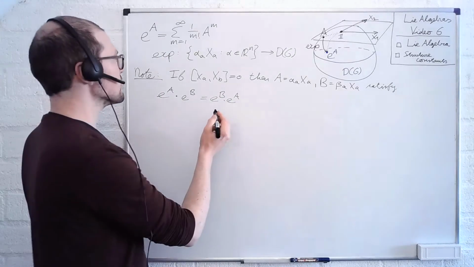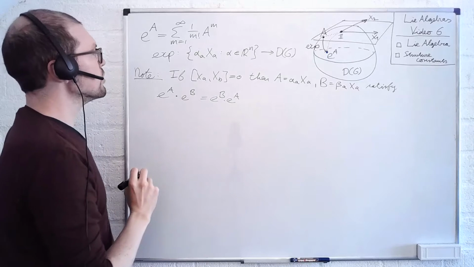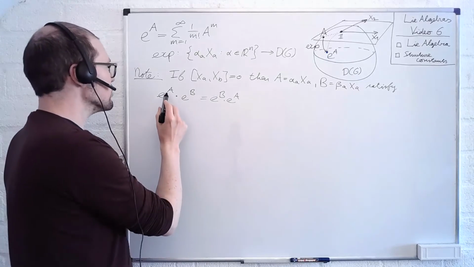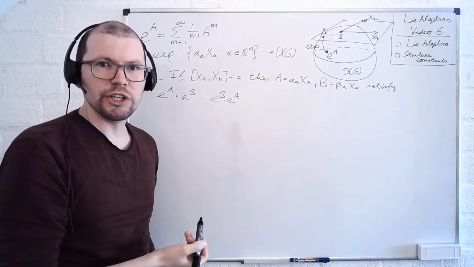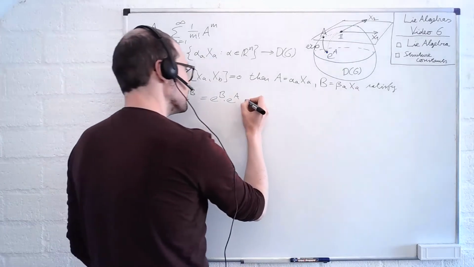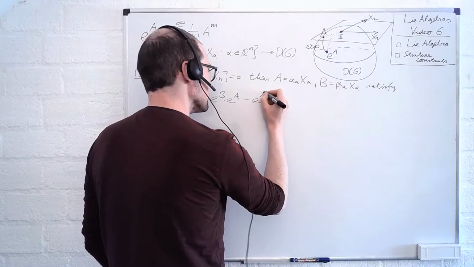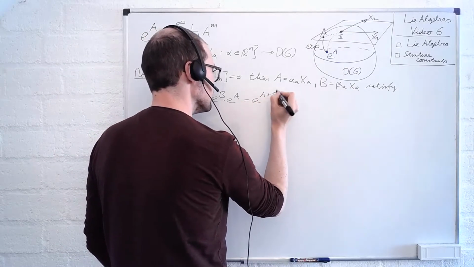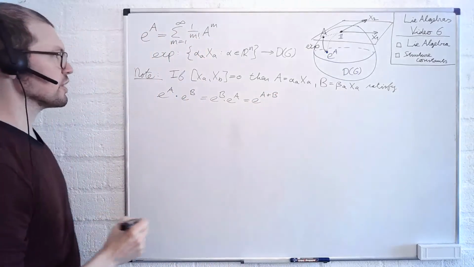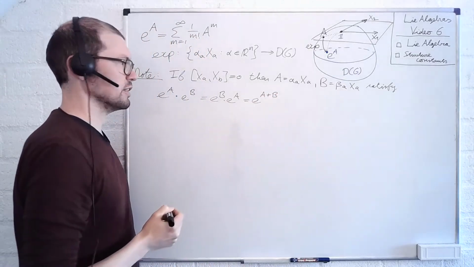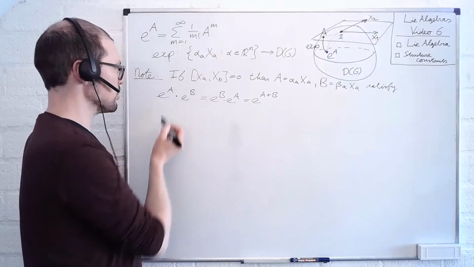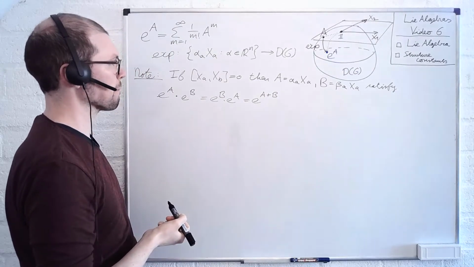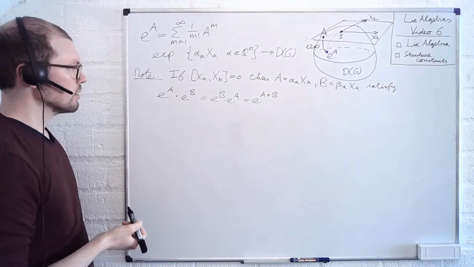And not only that, if A and B commute, then I may as well treat A and B as just being regular numbers, and then we know that the exponential satisfies the fact that I can sum the objects in the exponent instead of multiplying the exponentials. Okay, so what does this mean?